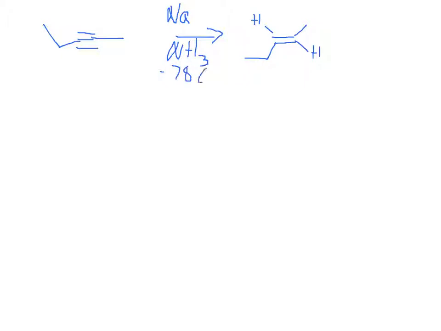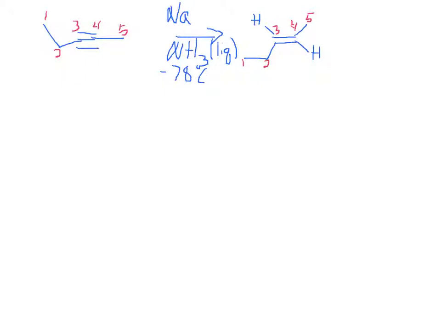The NH3 is actually a liquid, so it's liquid ammonia. Did you add a carbon on that one? Let me number the carbons: 1, 2, 3, 4, 5. I have no carbon-carbon bonds forming here. All I'm doing is forming a trans alkene for this one.